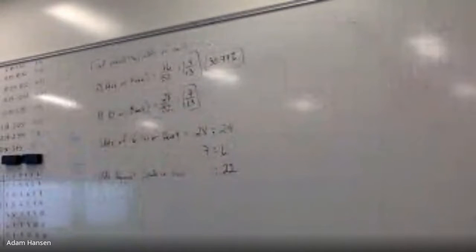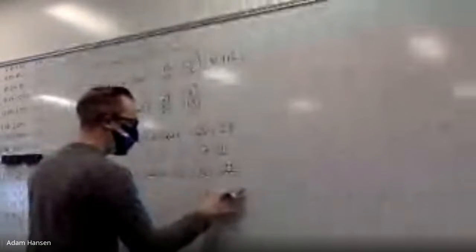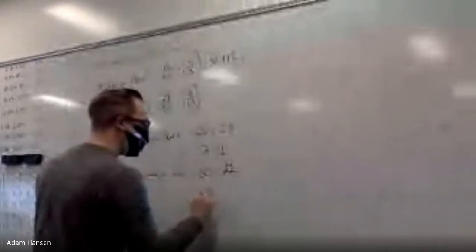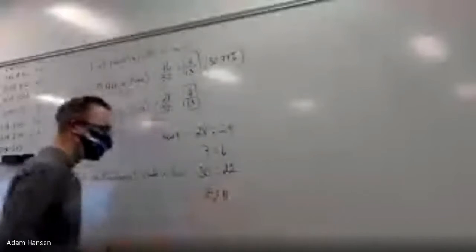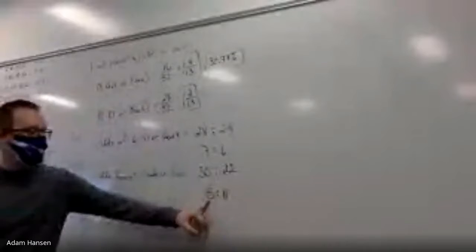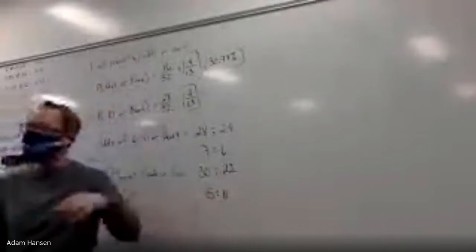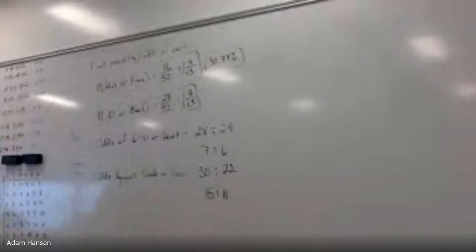How many are not? 30. 30 to 22 can be reduced down to 15 to 11. You're not going to draw that type of card 15 times for every 11 times that you do.